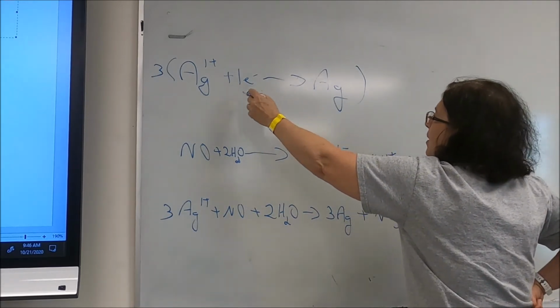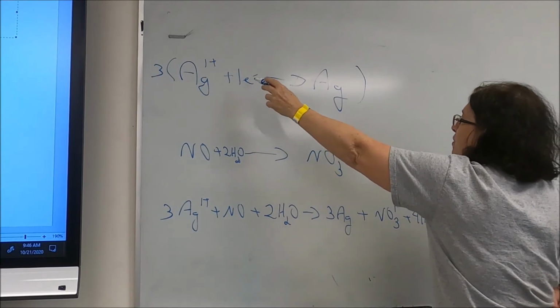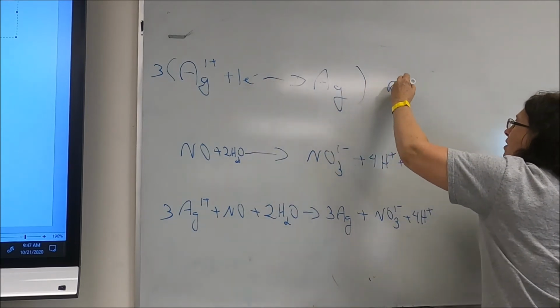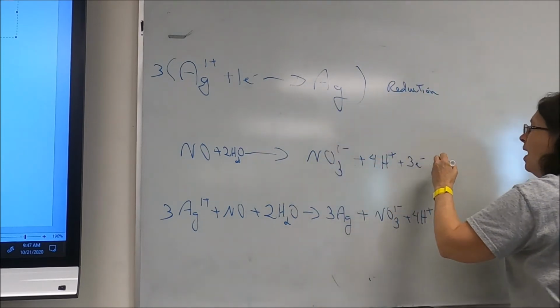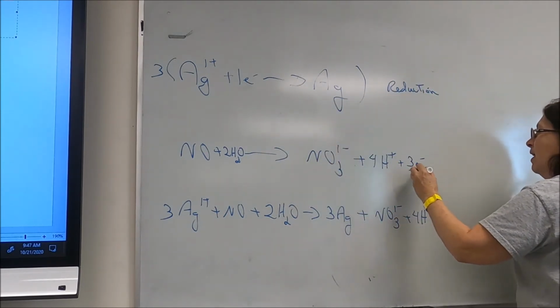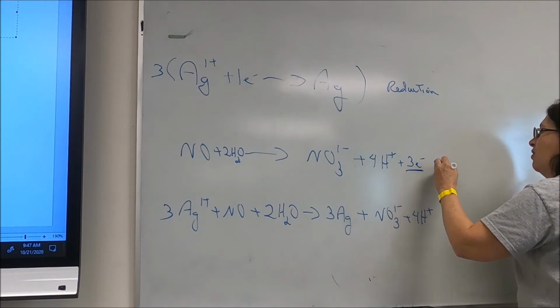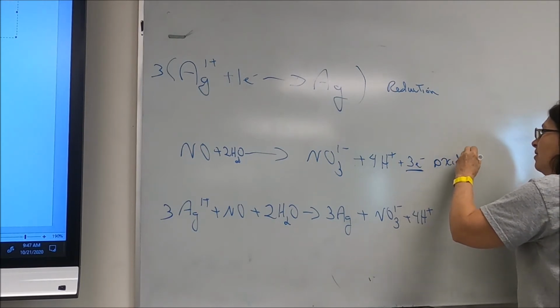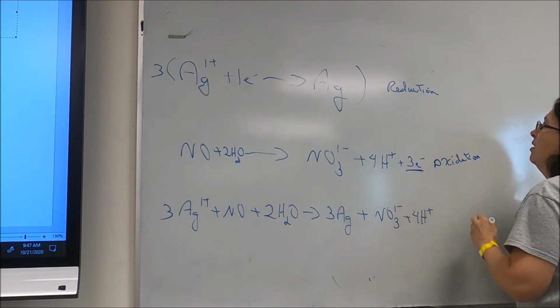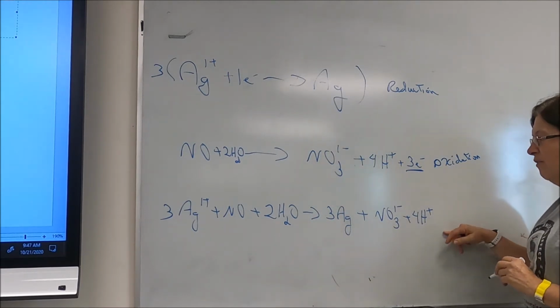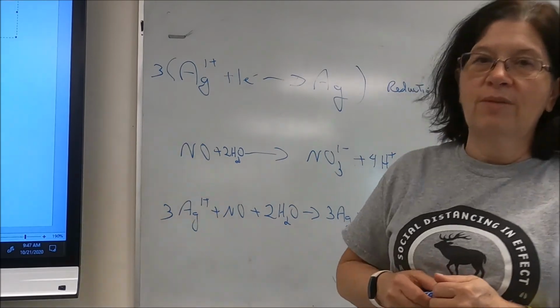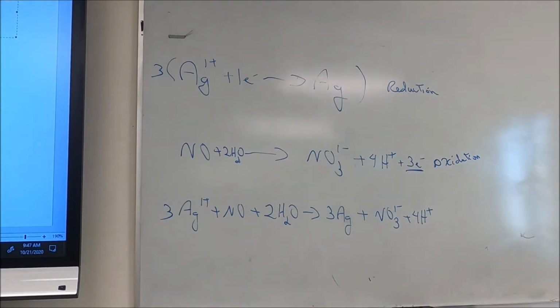Now, up here on top, the silver ion gained an electron, so this is reduction. Down here on bottom, we have electrons appearing on the product side, so this is our oxidation. So I have my reduction half reaction, my oxidation half reaction, and I have my net ionic equation.